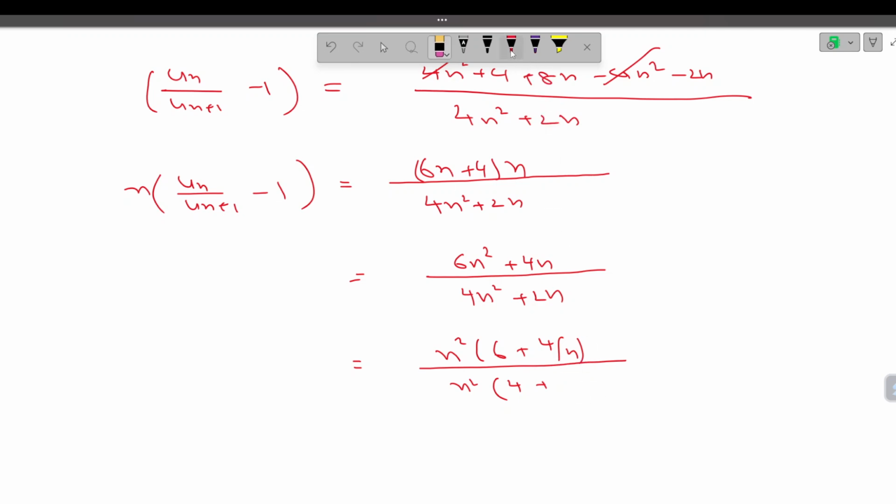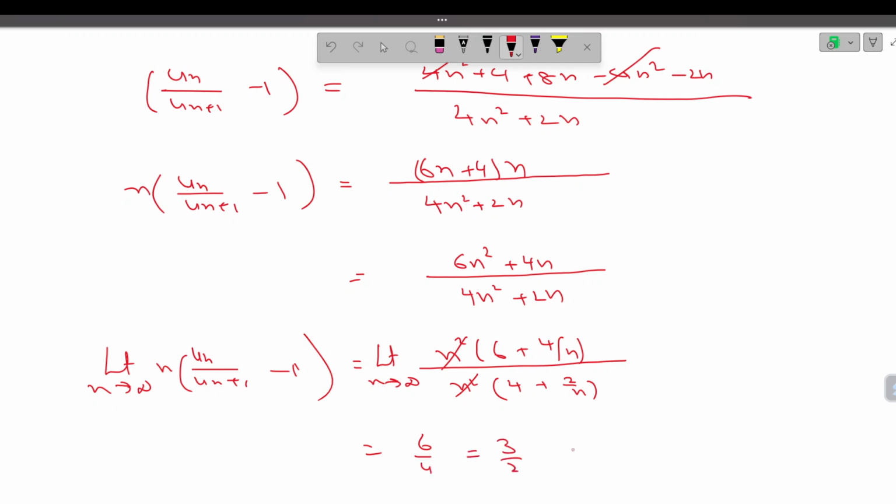I am making a mistake there, so for n square if you take common, 4 plus 2 by n. Now apply the limit n tends to infinity of n into un by un plus 1 minus 1. As n tends to infinity, 1 by n tends to 0. 6 by 4 is 3 by 2. 3 by 2 is greater than 1.